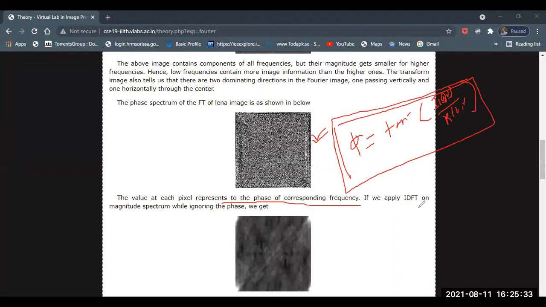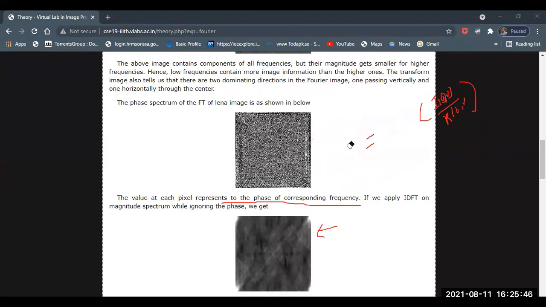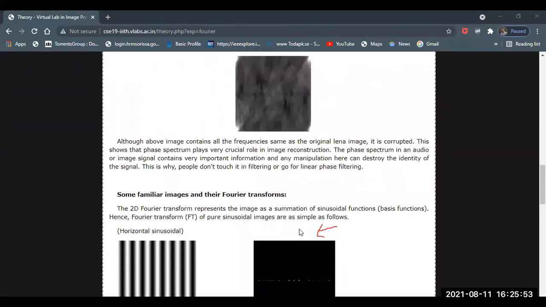Now, if you apply the IDFT on the magnitude spectrum while ignoring the phase, you may not get the original image. You may get an image of this form. Why is that so?